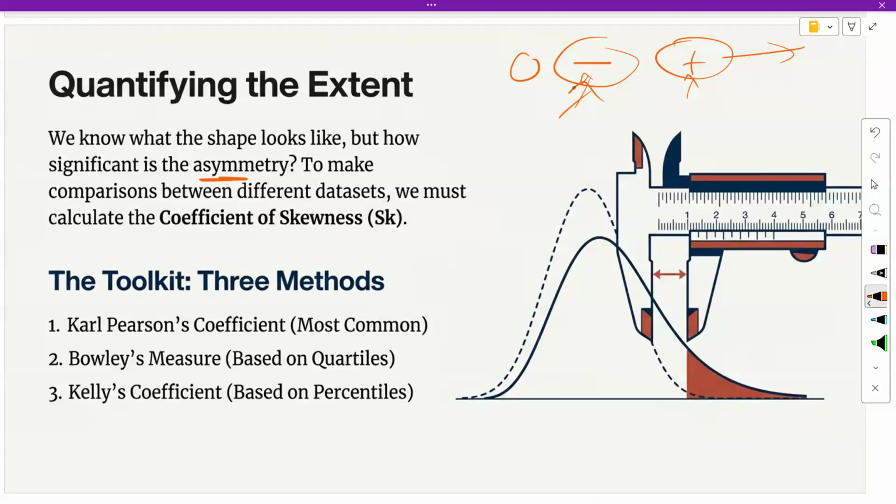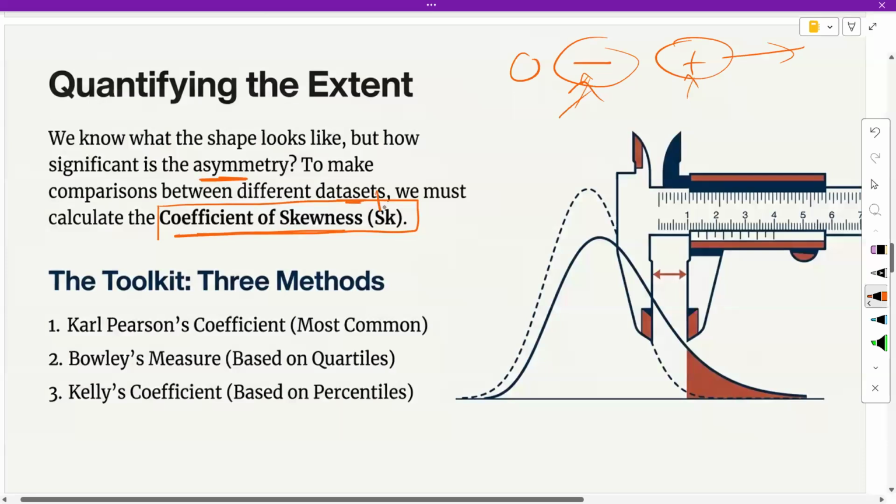To make comparisons between different data sets, we must calculate the coefficient of skewness, simply called SK.